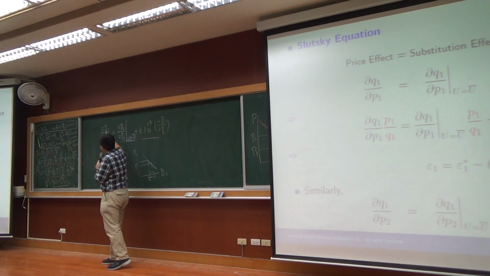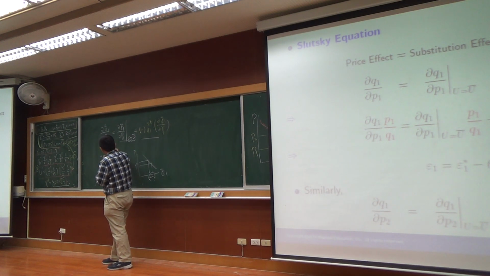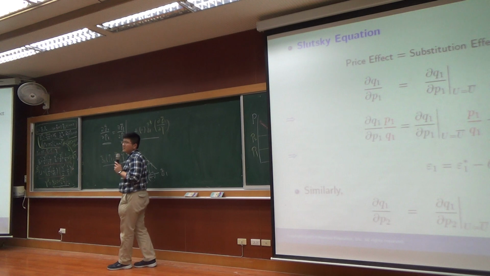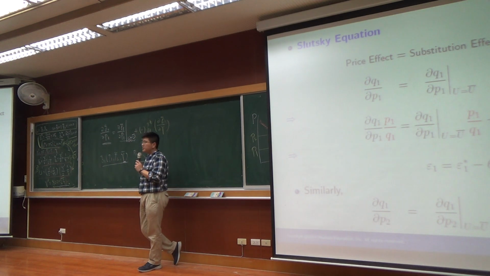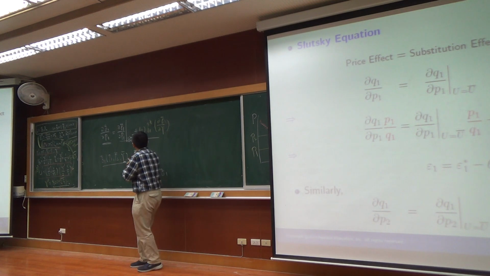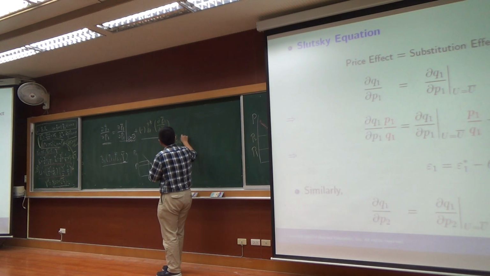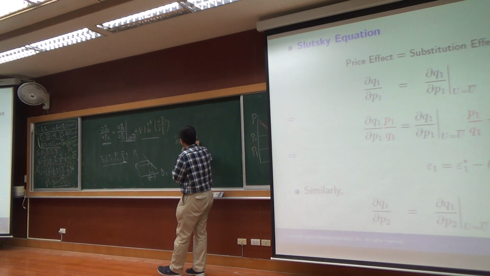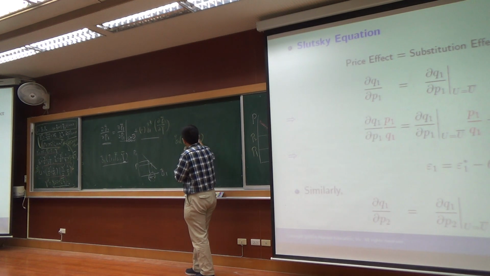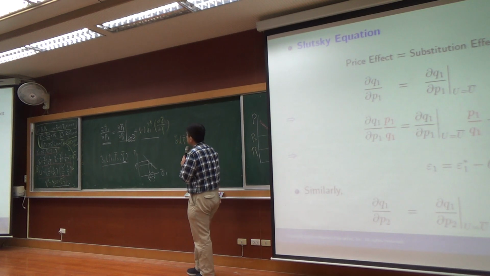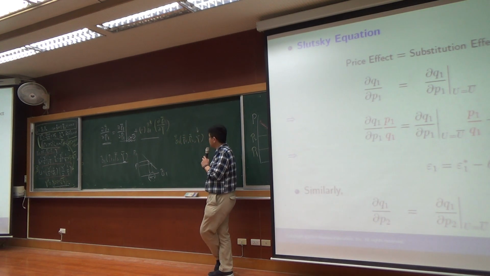So partial Q1, partial P1, which means P2 and Y are held constant, right? We hold P2 and Y constant. But here, Q1 still is a function of P1, P2, and Y. Now this time, we hold these two unchanged, and we just check the effect of the change in Y.